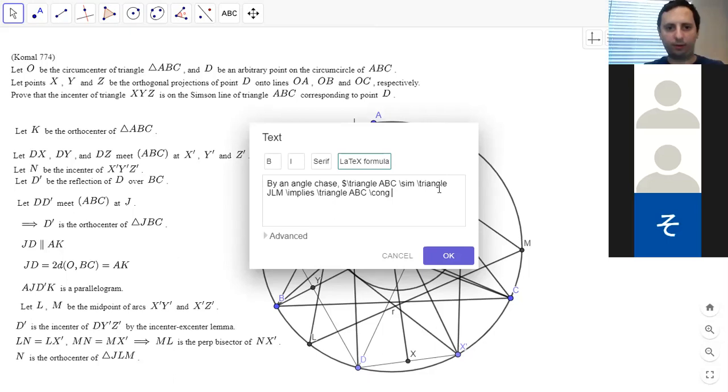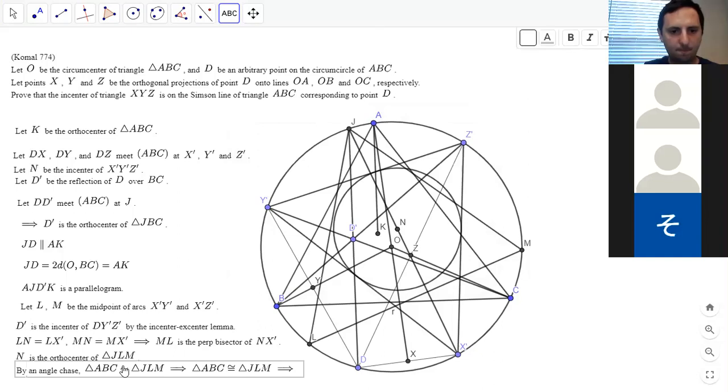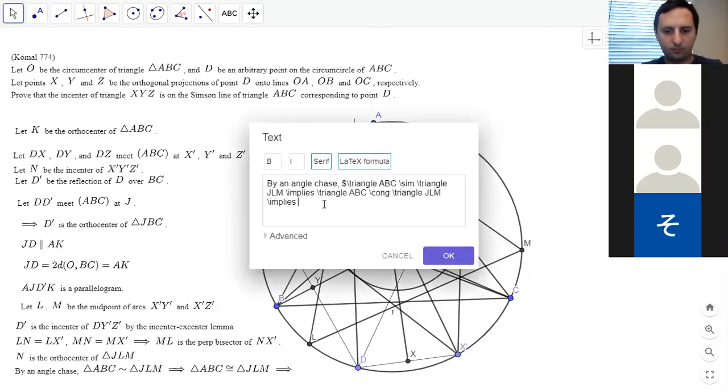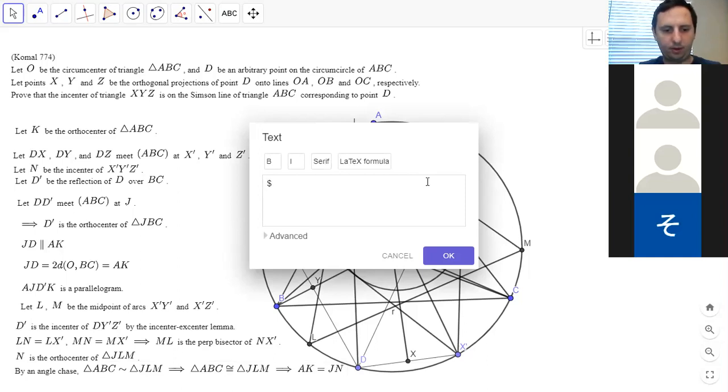So that means they have to be congruent since they're in the same circle. And that means that AK equals JN. And then once you know that, that means AJNK is an isosceles trapezoid.